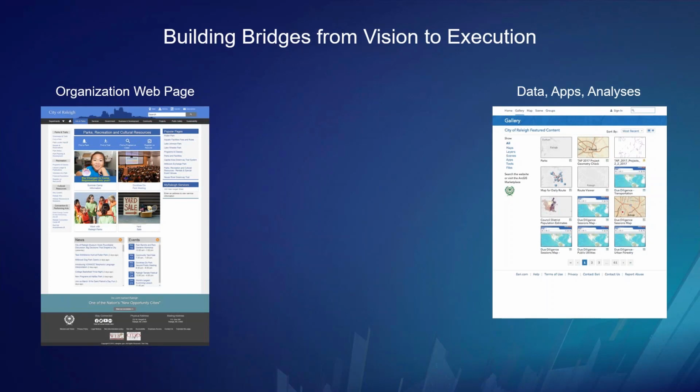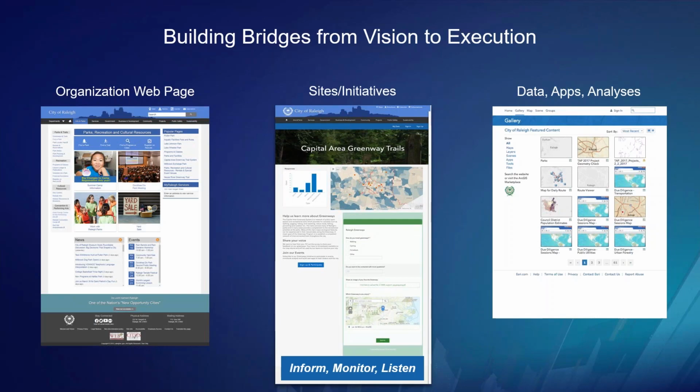And this is where sites comes in handy to help you create these web pages that contain the information that you have. And you might already have a web page, as depicted in this slide on the left-hand side. So you have a web page for your community. And you may have locations then for data on the right-hand side: data, apps, and analysis.